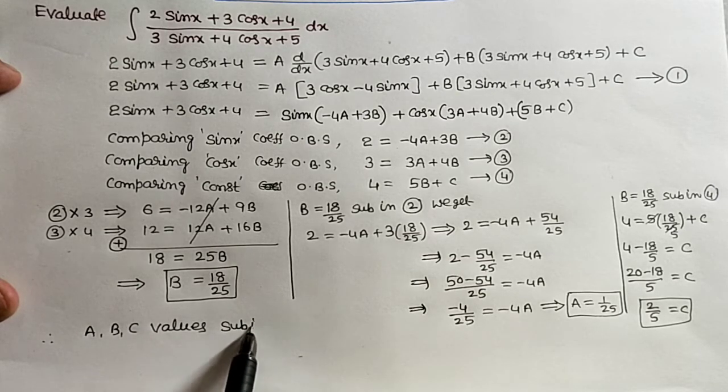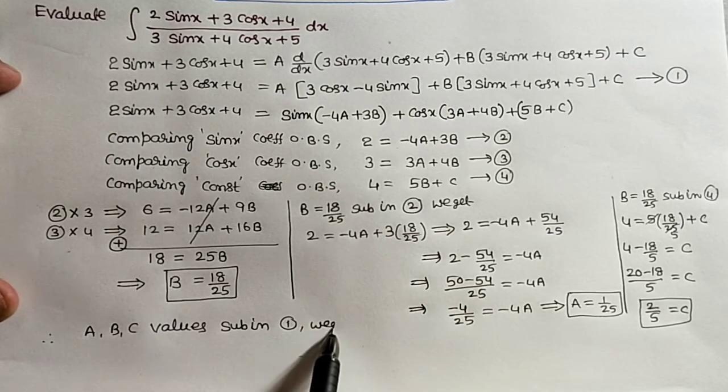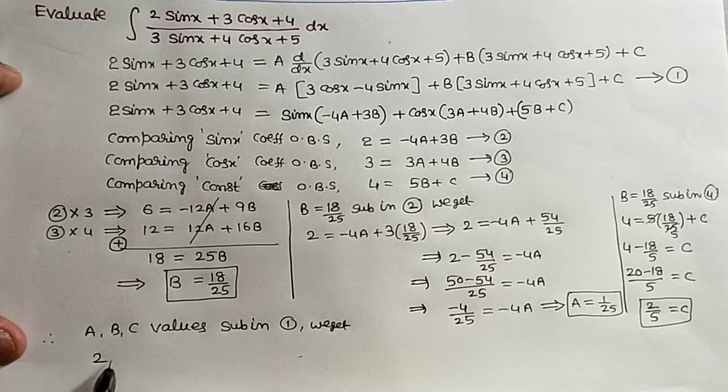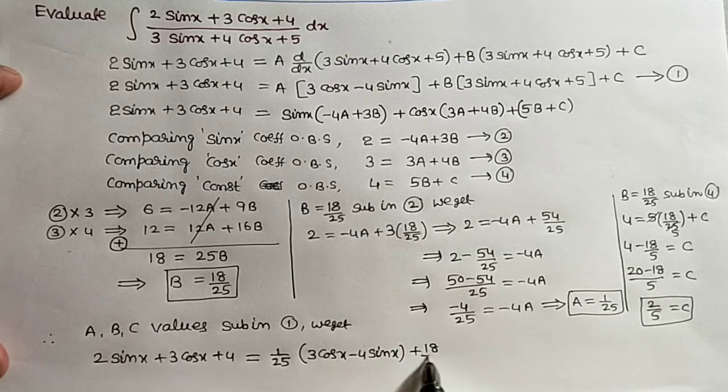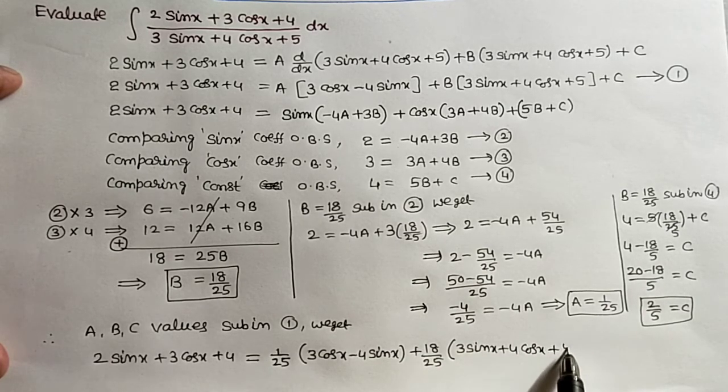Observe that. Therefore, a, b, c values substitute in equation 1. We get numerator, that is 2 sin x plus 3 cos x plus 4 is equal to, in place of a, 1 by 25 into 3 cos x minus 4 sin x, plus in place of b, 18 by 25 into 3 sin x plus 4 cos x plus 5, plus c value is 2 by 5.